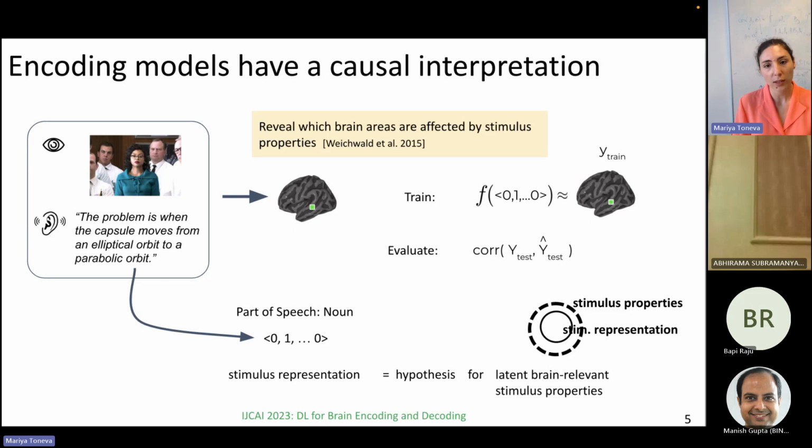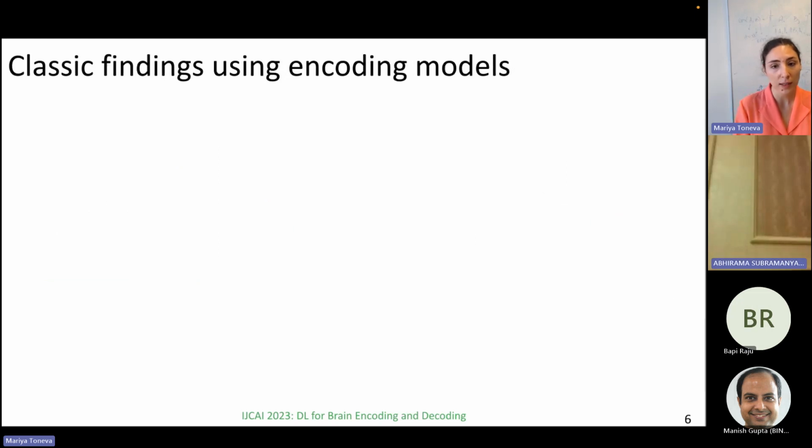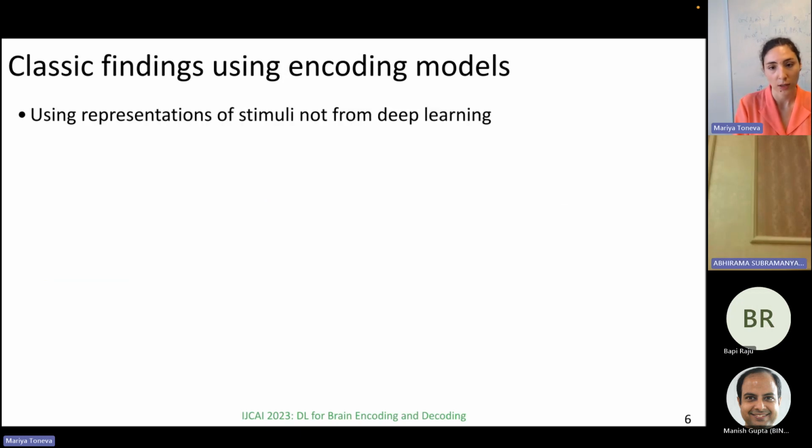This encoding model can in fact reveal which brain areas are affected by specific stimulus properties that we have represented with the stimulus representation. Using these encoding models, there have been some classic findings about brain function.